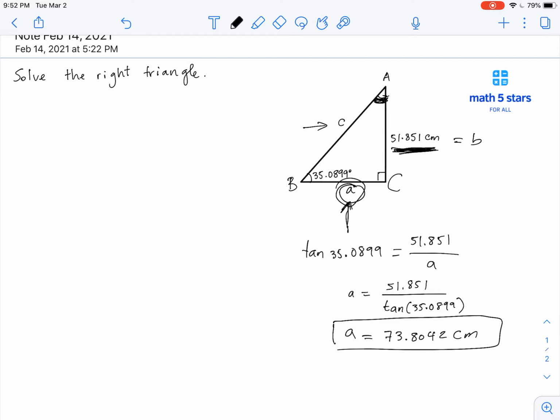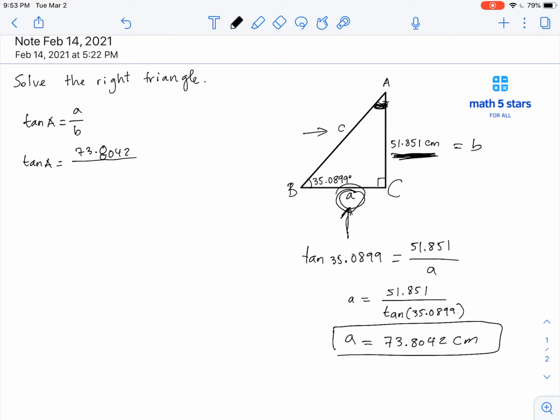So the tangent of A will be the opposite side, which is A, divided by the adjacent, which is B. A is 73.8042, and we divide that by B, which is 51.851.